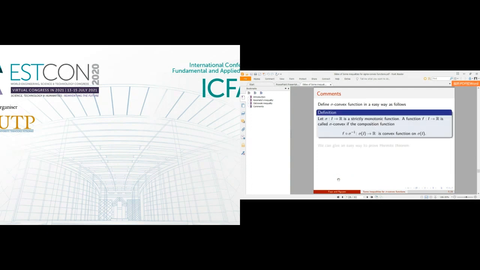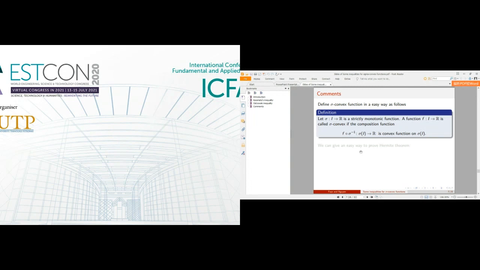We can define the sigma convex function notion in an easy way like this. Let sigma from I to R be a strictly monotonic function. The function f from I to R is sigma convex if the composition function f composed with sigma inverse from sigma(I) to R is a convex function on sigma(I).